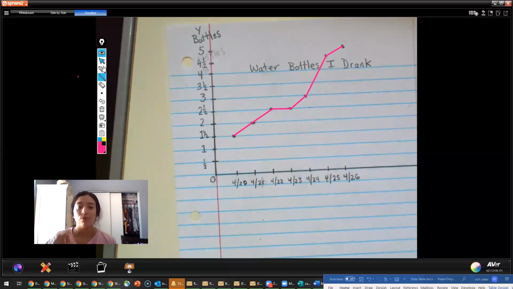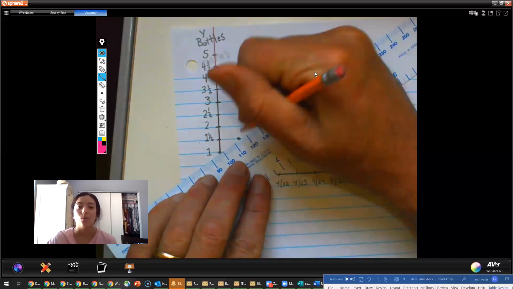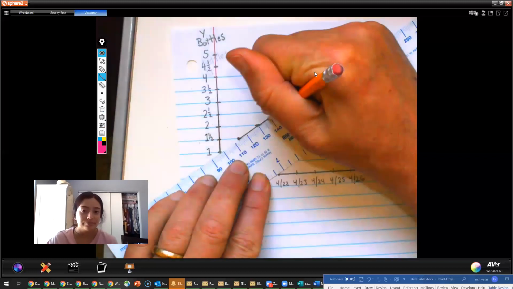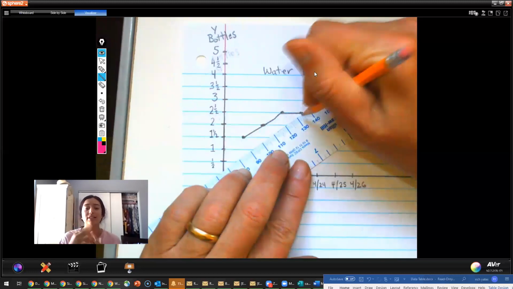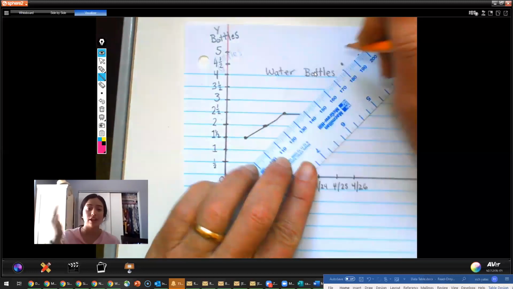So when you make your line graph, make sure that you have all of these components. You have your title, your x-axis labeled with all of your dates with even increments, and then your y-axis. And then make sure that your y-axis has all of your even increments as well.